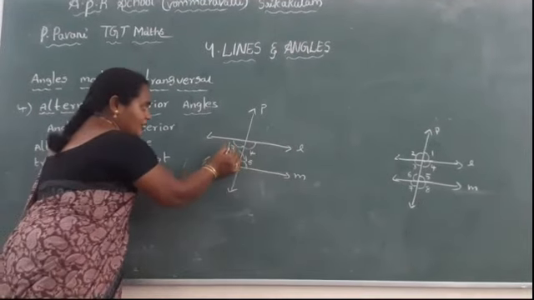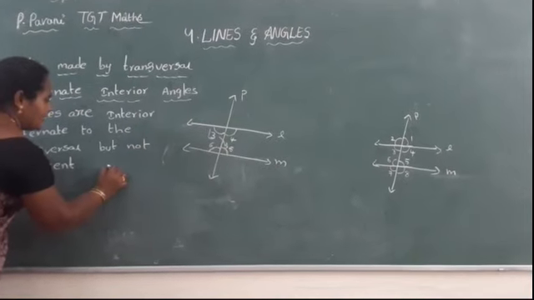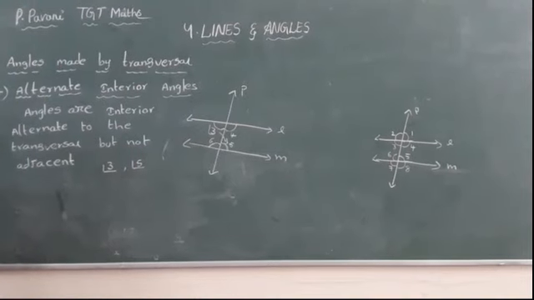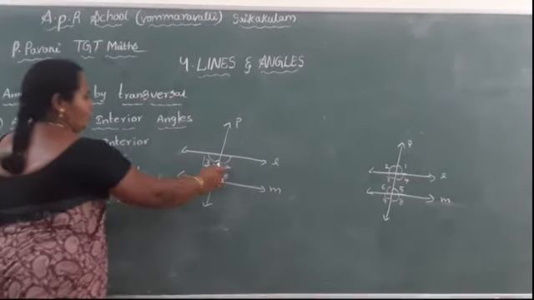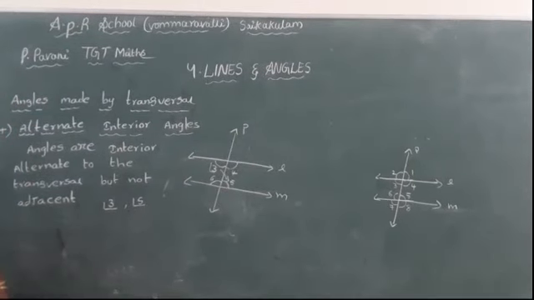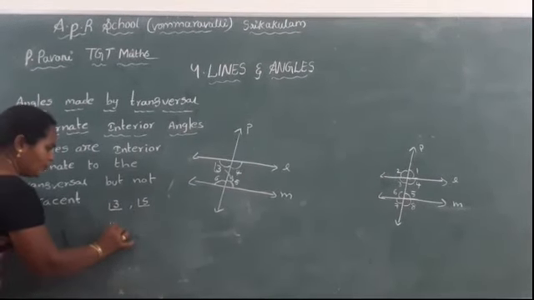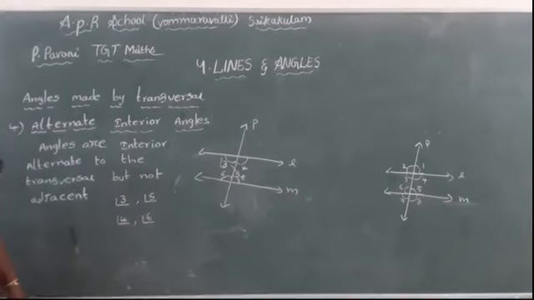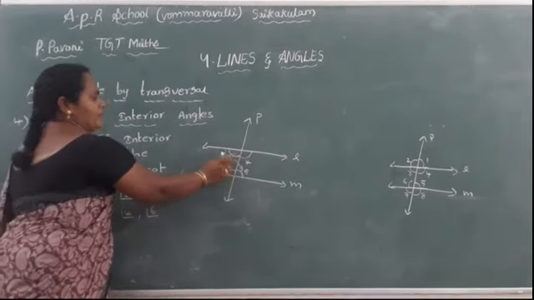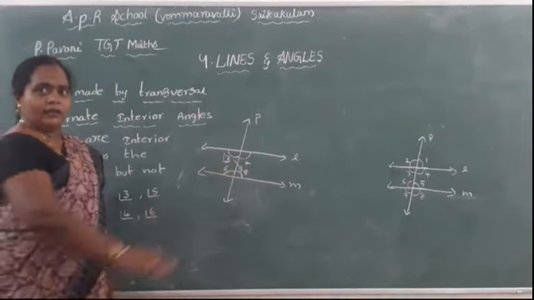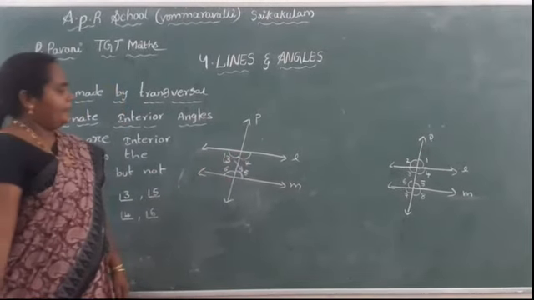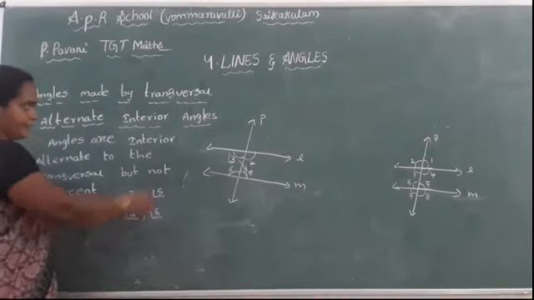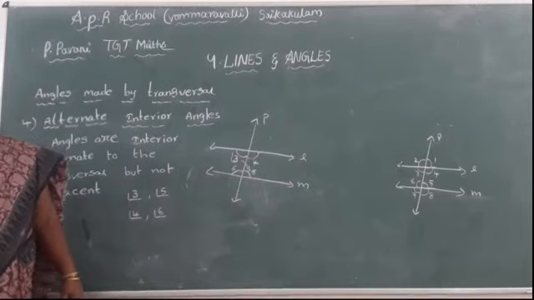We said that angle 3 and angle 5 are alternate interior angles. Angle 4 and angle 6 are also alternate interior angles. Angle 3 and angle 5, angle 4 and angle 6 are the alternate interior angles.